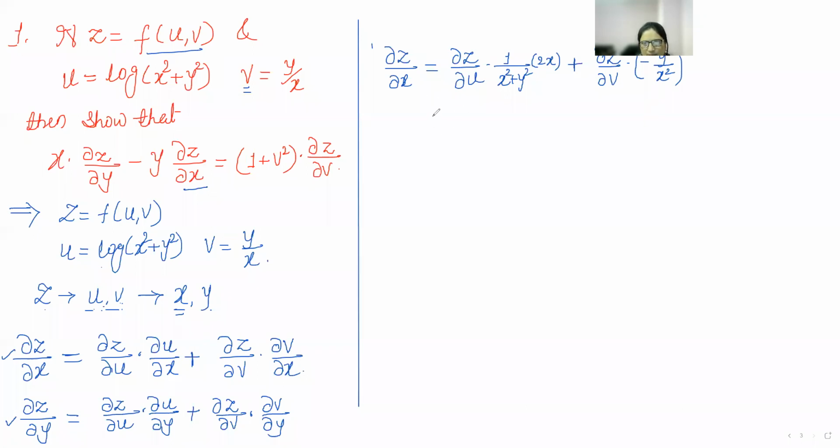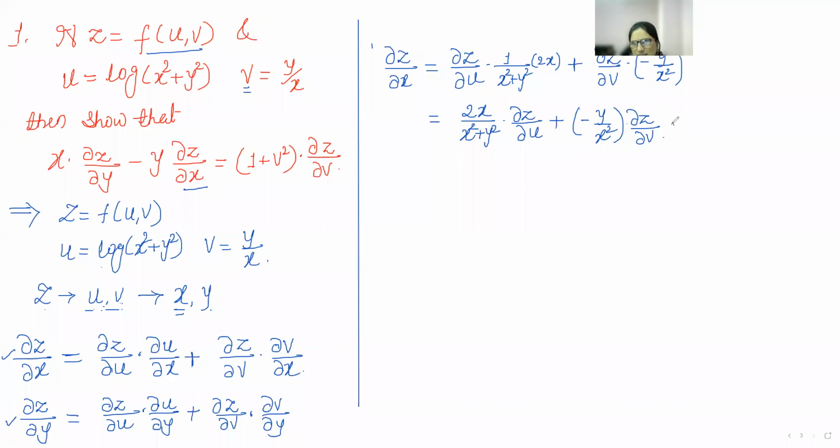So simplifying the term, or just I am writing once again the same term as 2x upon x square plus y square into dou z by dou u plus minus y upon x square into dou z by dou v.